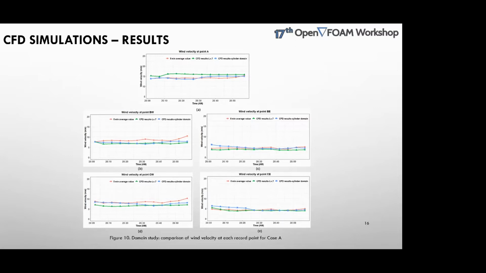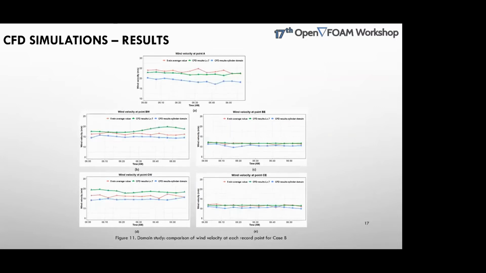Overall, the average results difference for the rectangular domain is 11.7%, and the cylinder domain achieves a 0.2% lower difference, which is 11.5%.